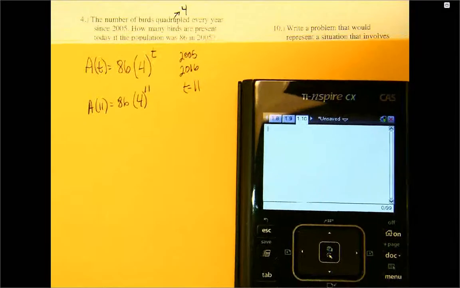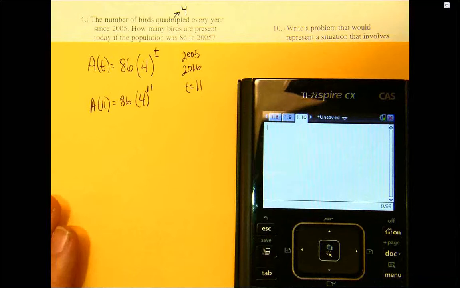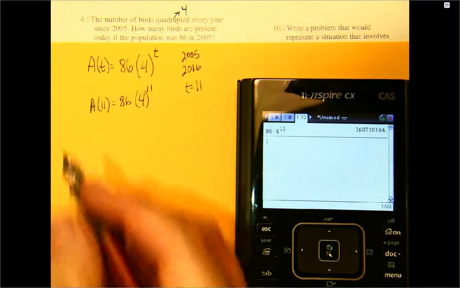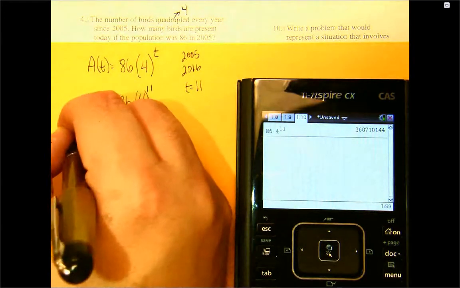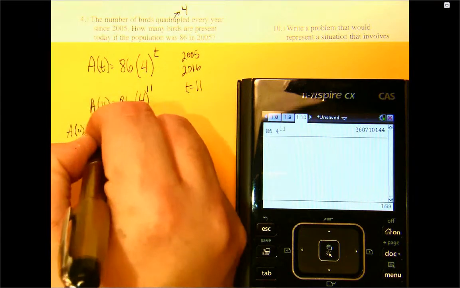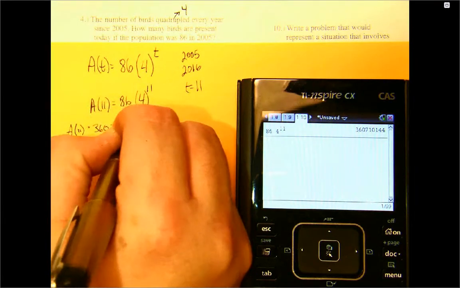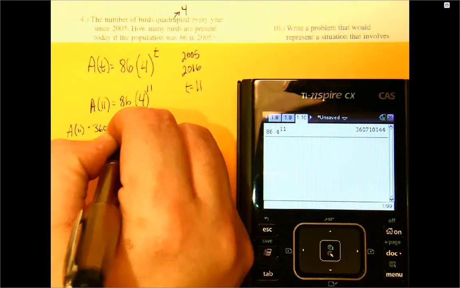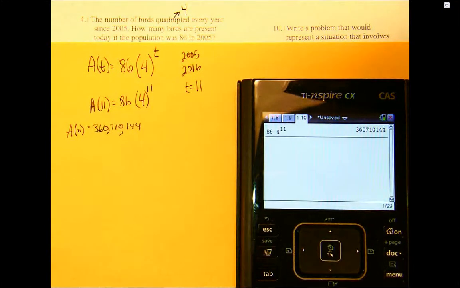So it'd be 86 times 4 to the 11th power. So now we're talking about 360 million, 3.607 million birds. Is it birds? Yeah, it's birds. That's a lot of birds.